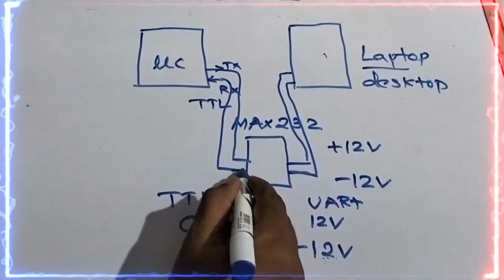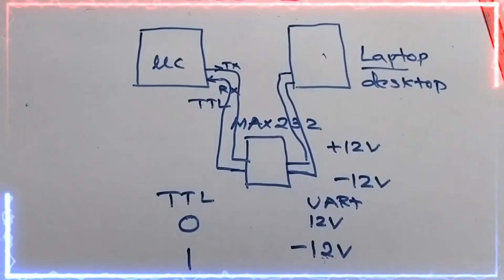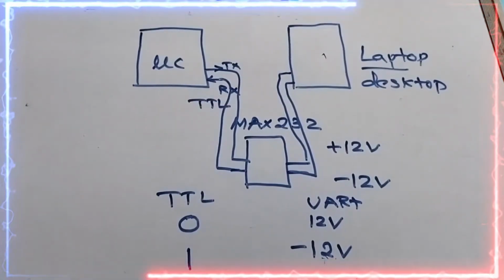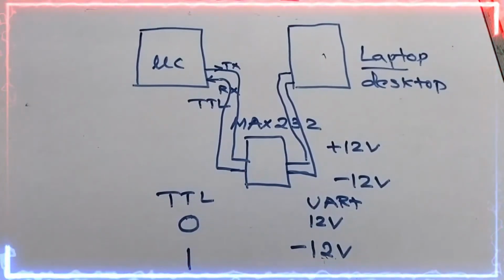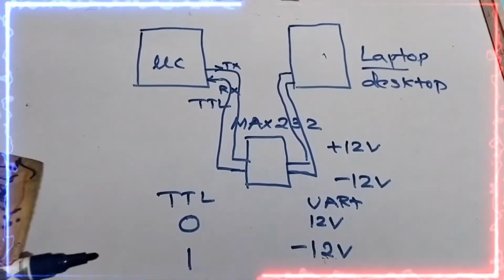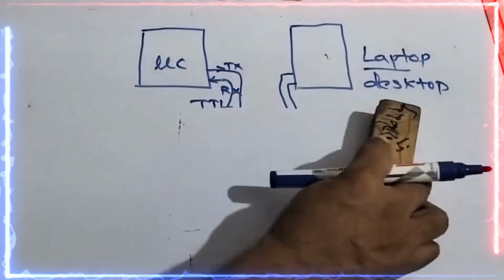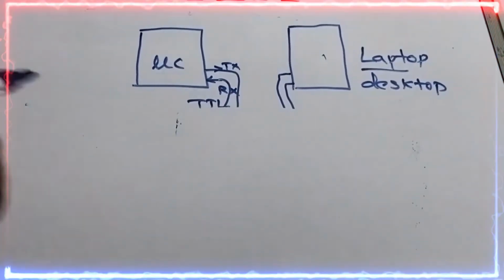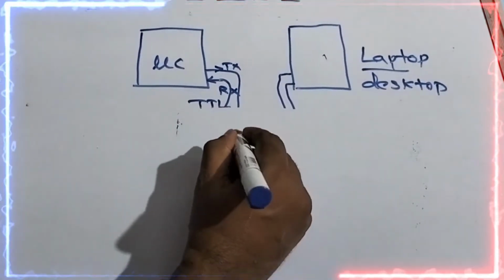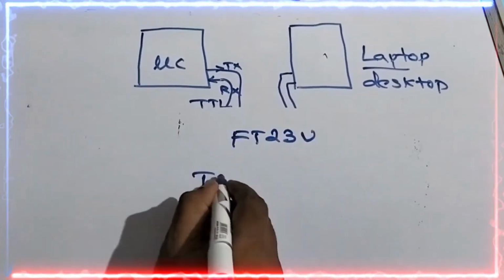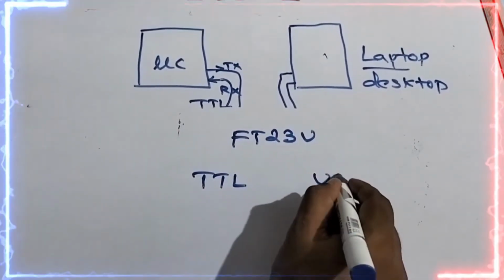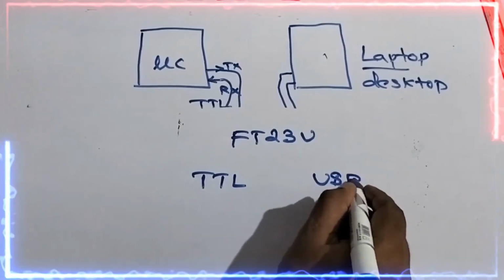So this is a translator that is converting one level of logic to another level, so that it can be used with the laptop, friends. Now in our case we use an FT232, which is nothing but the TTL to UART USB conversion, friends.